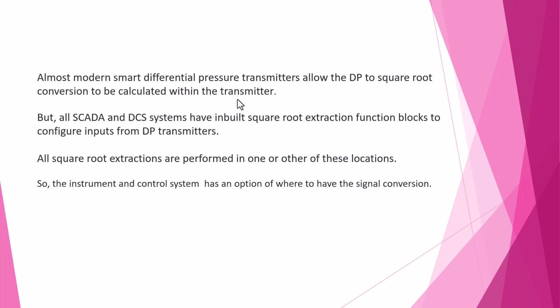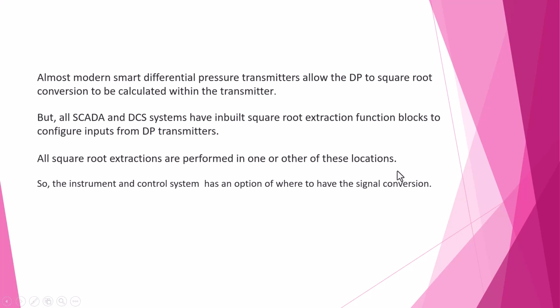The calculation and conversion are already in the transmitter. But all SCADA and DCS systems have an inbuilt square root extraction function block to configure the input from a DP transmitter. The square root extraction is performed in one or other of these locations.